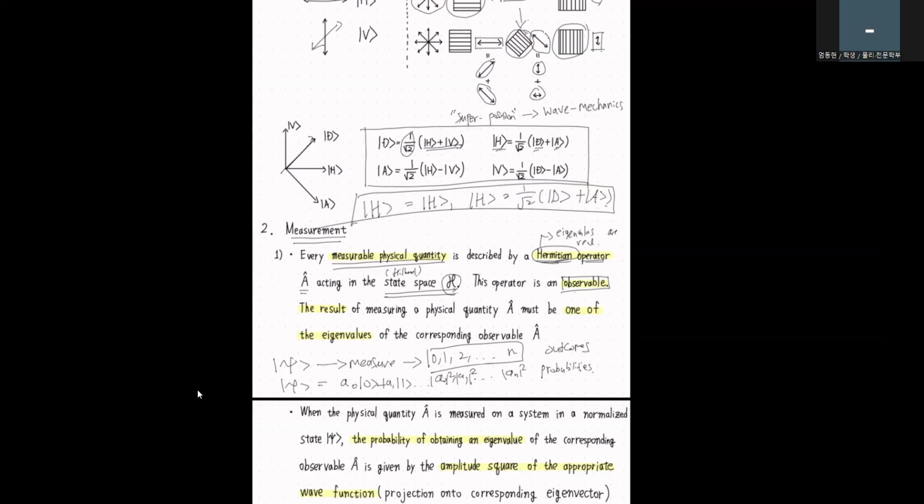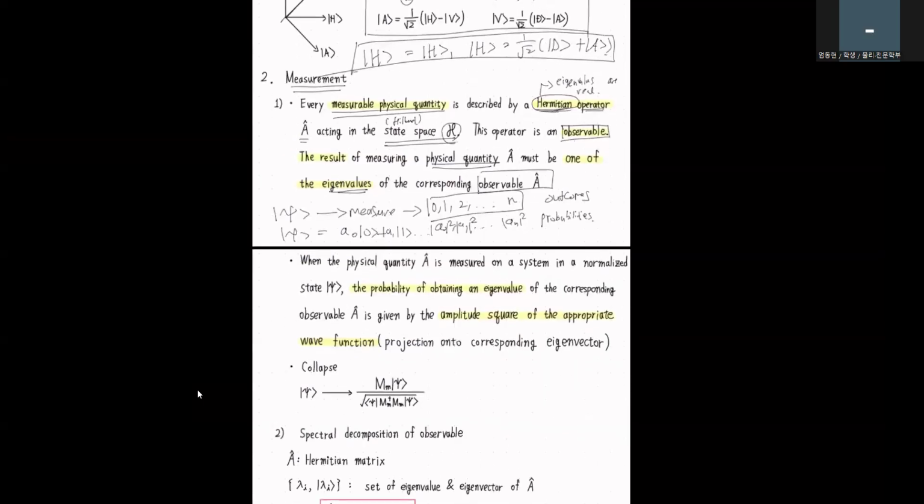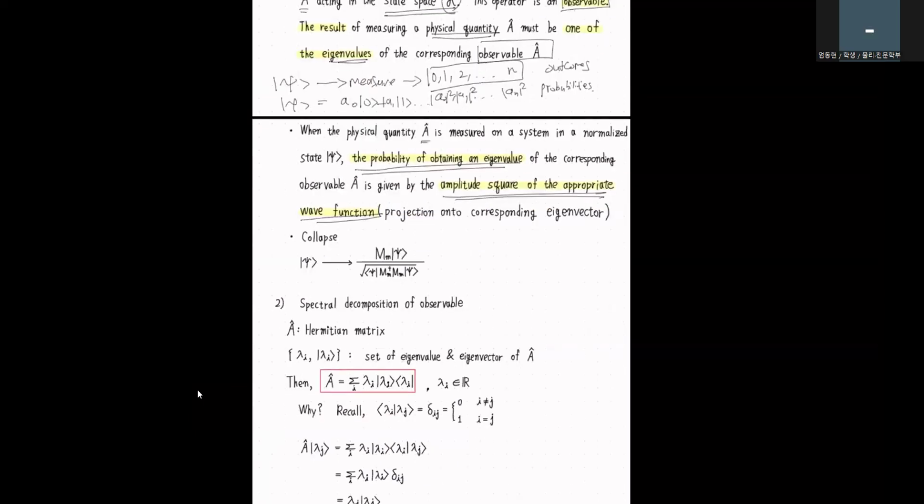And these eigenvalues represent the physical quantities we actually measure when we're measuring an observable A. So when we try to measure an observable A in a system, the probability of obtaining the eigenvalue is given by the amplitude squared of the appropriate wave function.